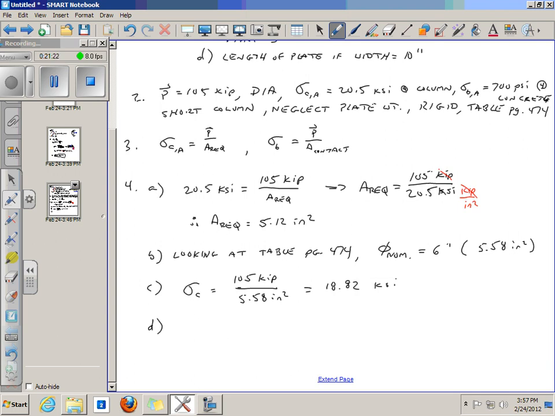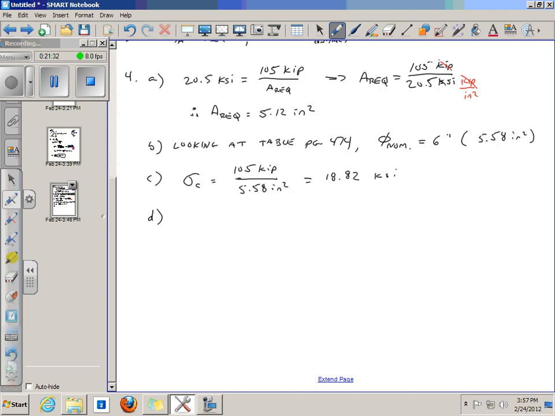For part D, they said, all right, what's the required length of the base plate if the width is 10 inches? So let's take a look. Here's my base plate. I'll draw a pictorial. They said, what's the length? So here you go, length, if the width is 10 inches.